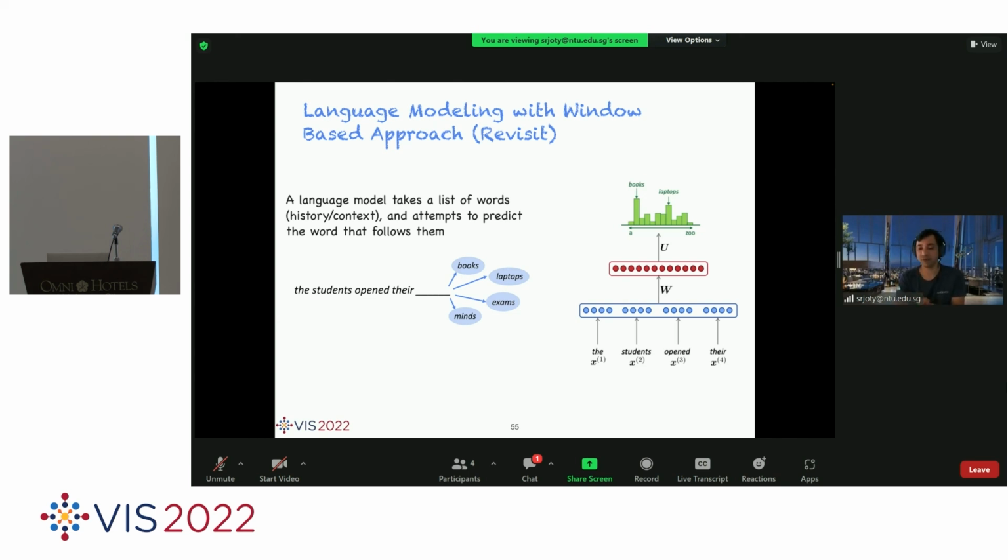In this case, it's only 4 words. This model did not allow us to incorporate a larger context, because then it would explode in terms of the parameter space, because here we would be needing that many weights to incorporate the input for all these words.